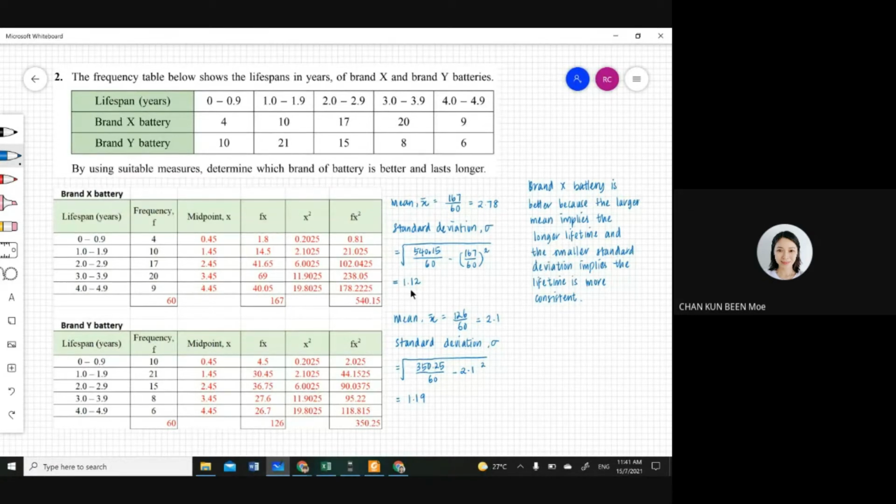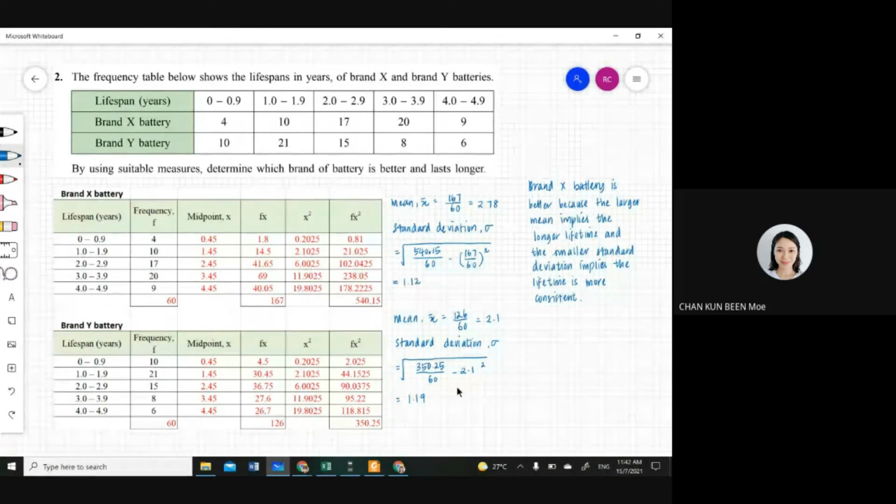So we will get 1.12 for the standard deviation. For battery Y, the mean is 2.1, which is an exact value. In the standard deviation, you use 350.25 over 60 minus the mean squared, and we get 1.19.